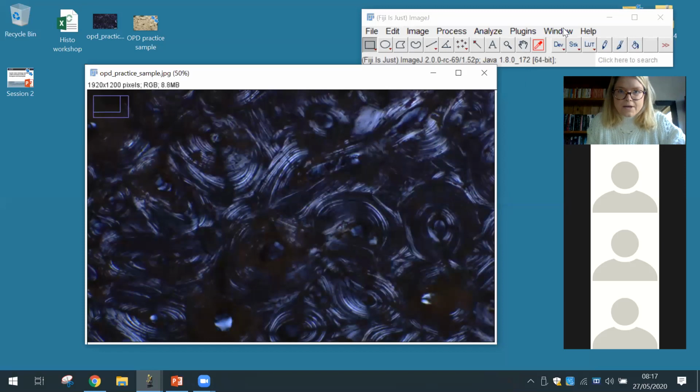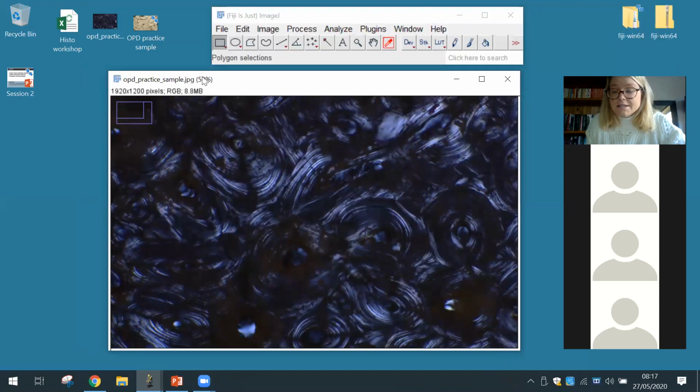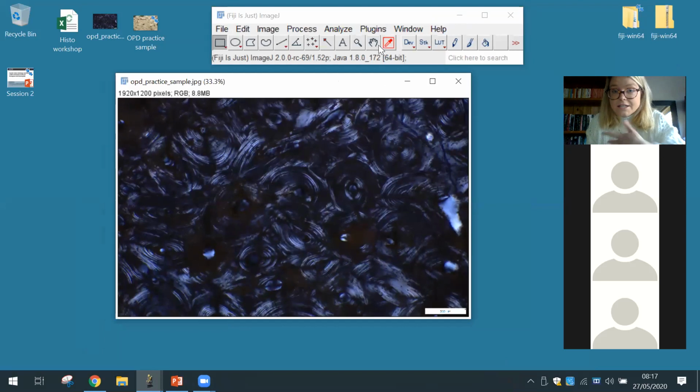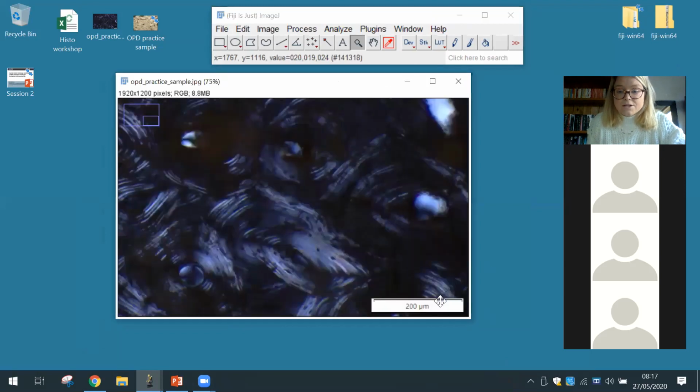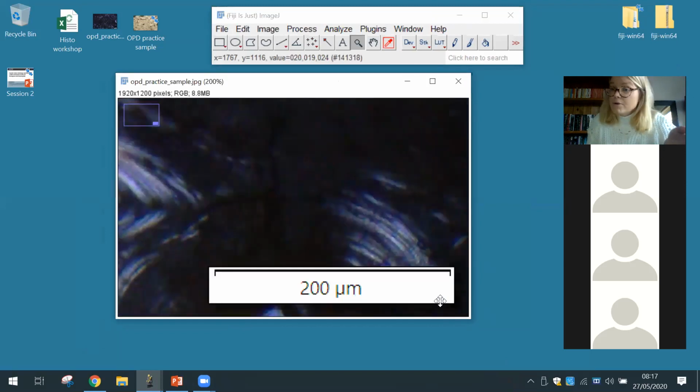There we go. First thing to do is to tell ImageJ how big the sample actually is. Remember, ImageJ doesn't really know what structures it's looking at, so you need to set the scale. Click on the magnifying glass and zoom in onto the scale. You can probably already tell that your images always have a scale burned into the image.